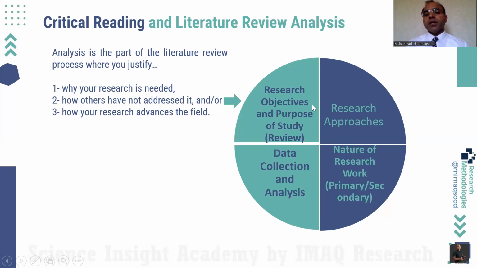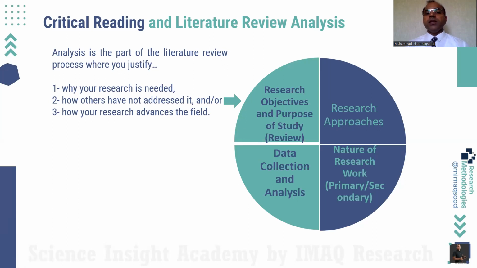This section is one of 4 sections of the research design strategies. The rest are the research approaches, nature of research work, and the data analysis and collection. So considering these 4 things: the research objectives and purpose, the research approaches, the nature and type of research, and the data organization, these are the important segments of designing our research.